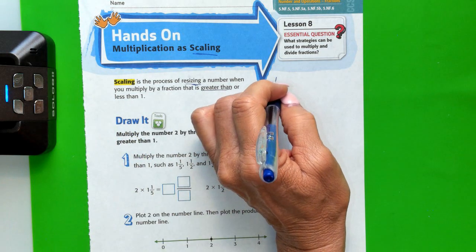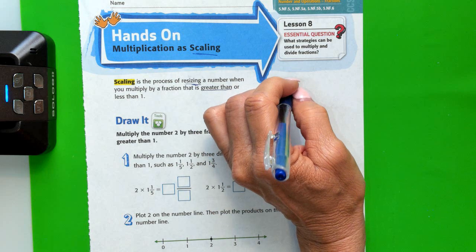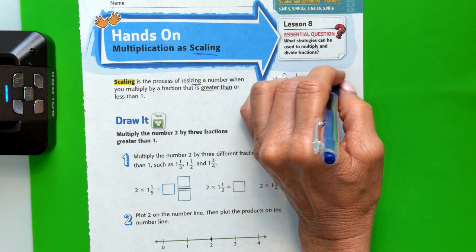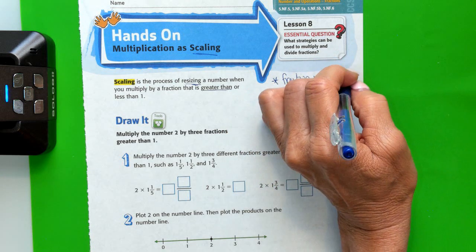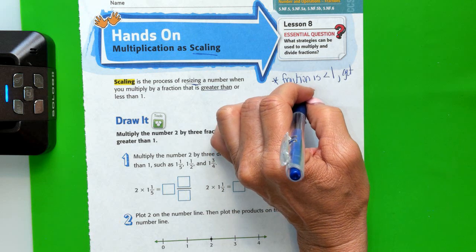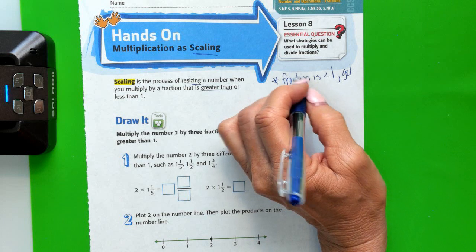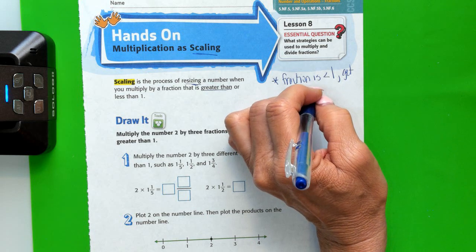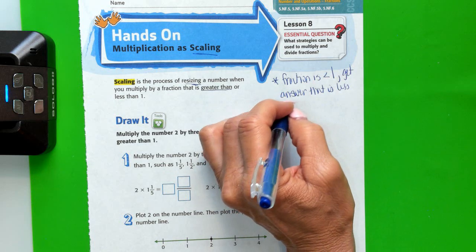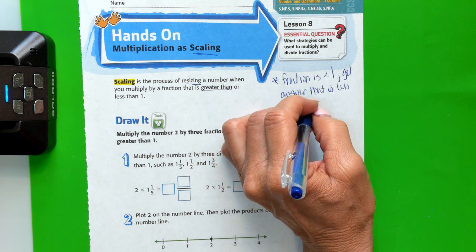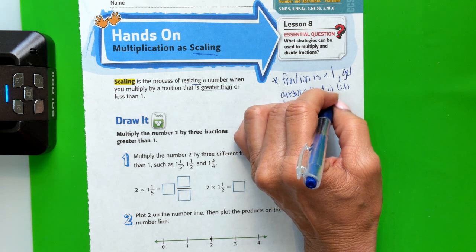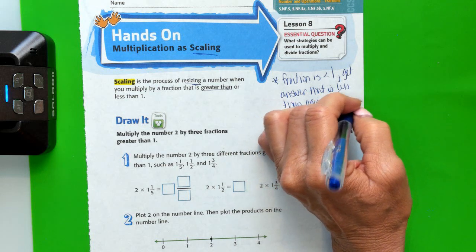So let's just make a note, okay? If the fraction is less than 1, then you're going to get an answer that is less than your original number. Okay?